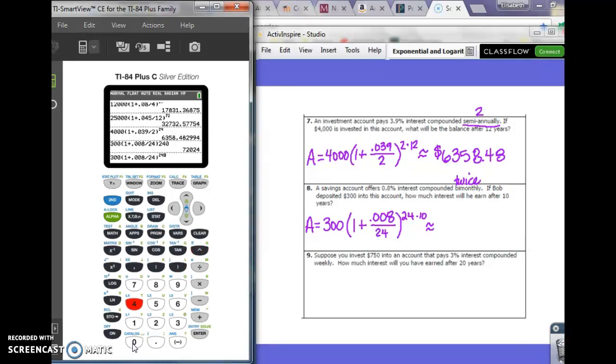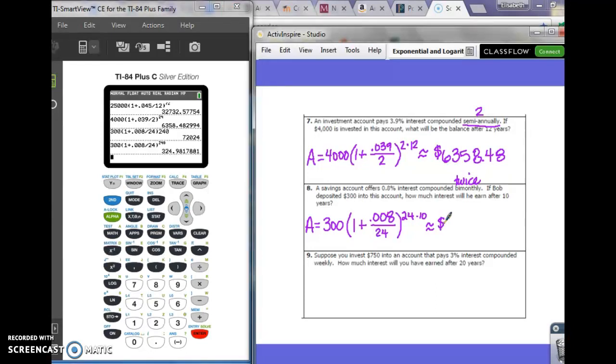Okay, so unfortunately, that balance is not nearly what it would have been previously. So Bob will only have earned total in the account $324.98.